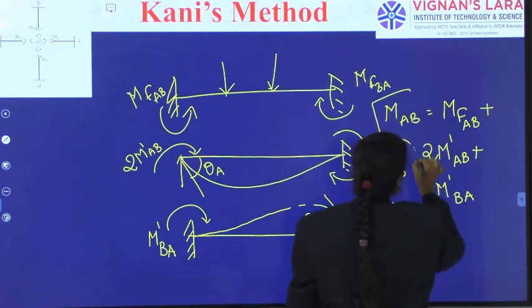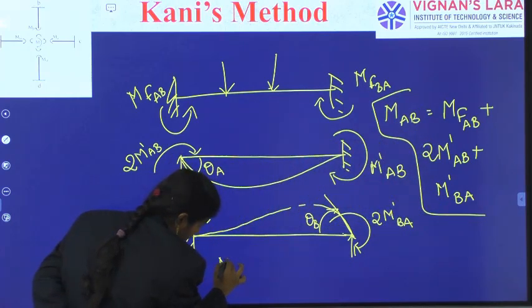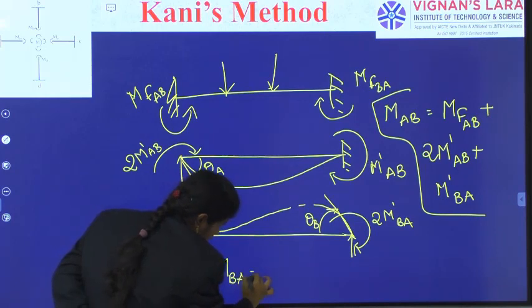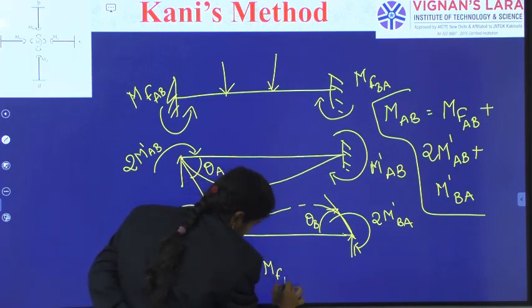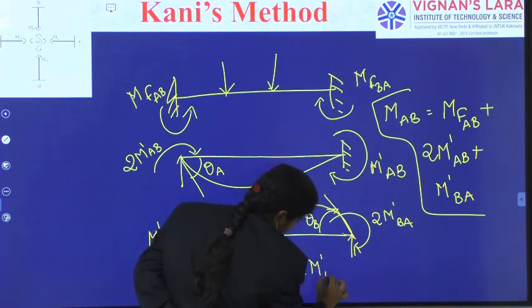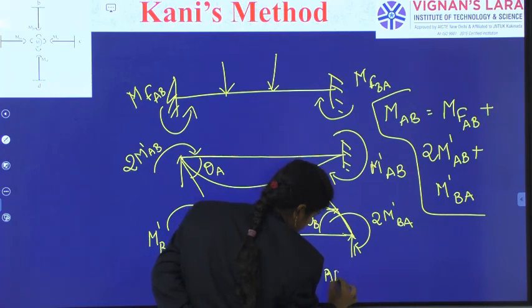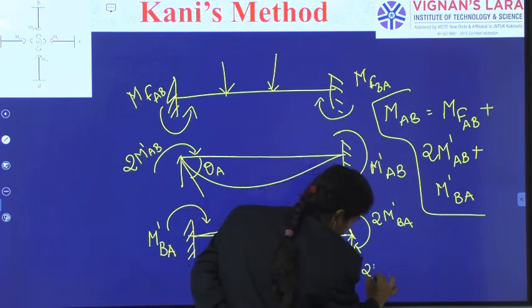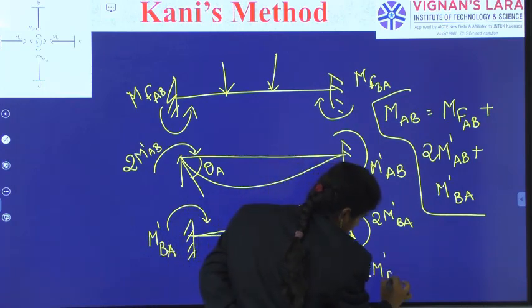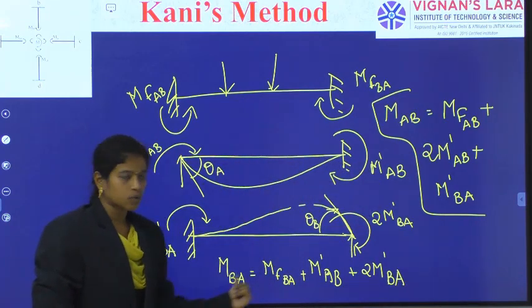So this is MAB, and MBA is equal to MFBA plus m dash AB, A towards B, right? Plus 2 times m dash BA. So this is the support moment at B towards A.